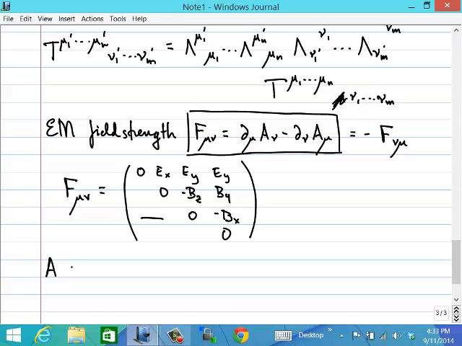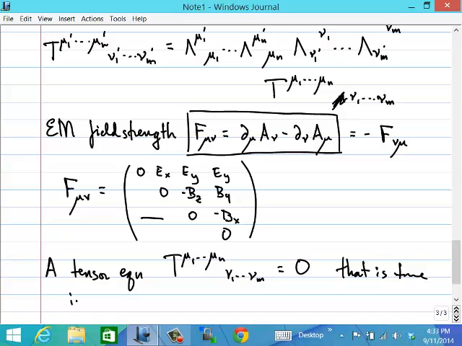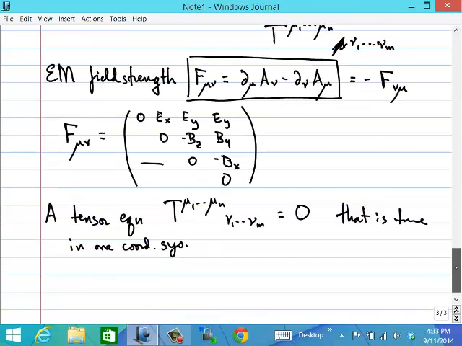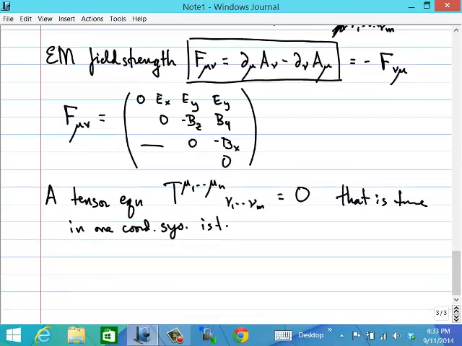So, in particular, a tensor equation of the form, say, some particular tensor being equal to 0, that is true in one coordinate system, that is to say, in one Lorentz frame, is then true in all coordinate systems.